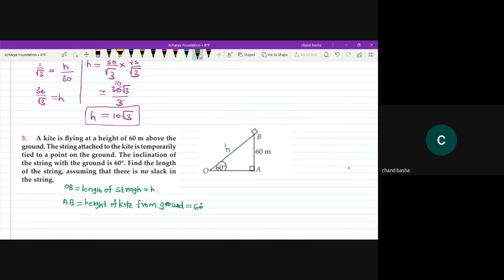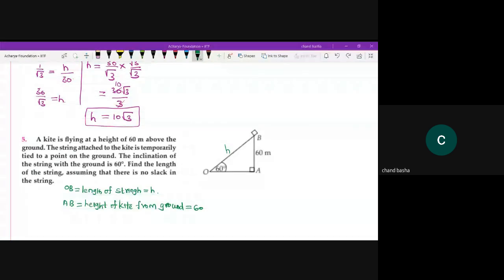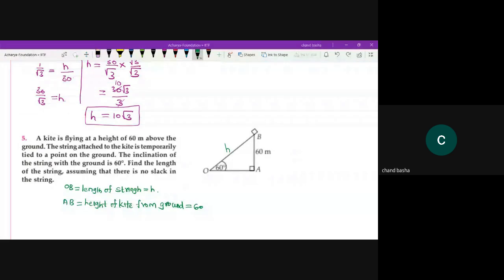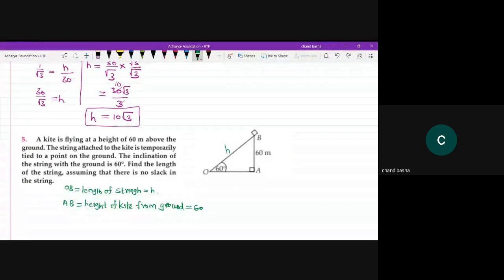Which trigonometric ratio are we going to use? Can we use tan theta? Srinidhi. Can we use cos theta, secant theta? OB he is asking.